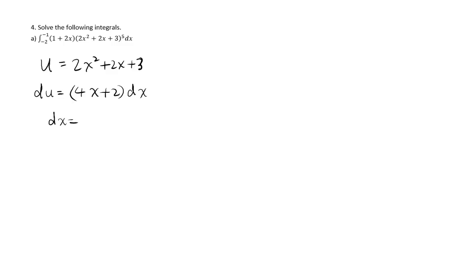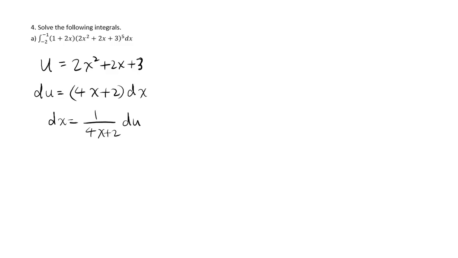So divide by this, so you get 1 over 4x plus 2 du. And then you can just put everything in there, hope that this 1 plus 2x goes away. It will go away. Now, but when it's a definite integral, there's one more thing that you have to do.